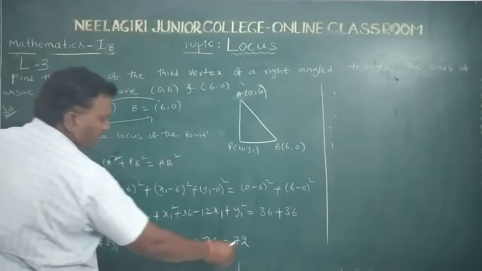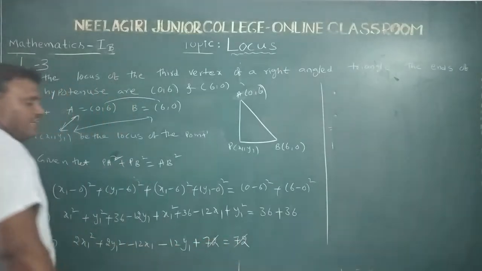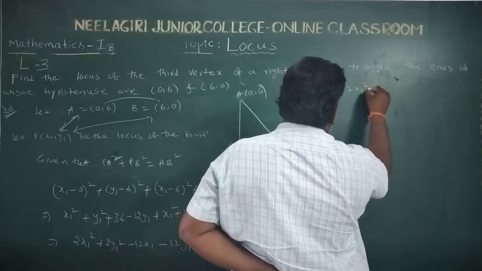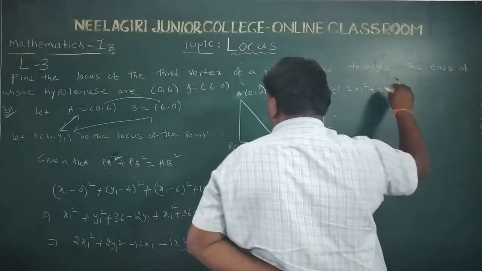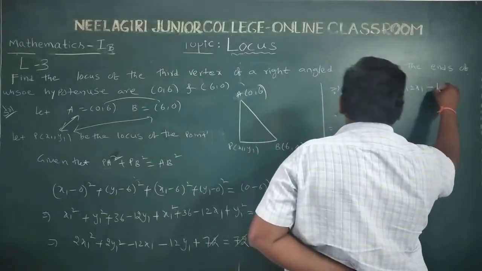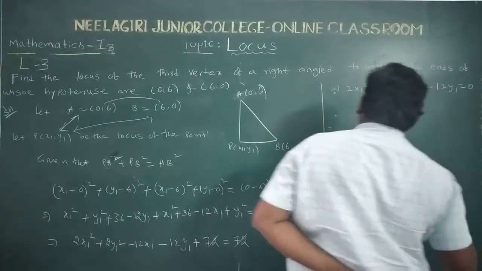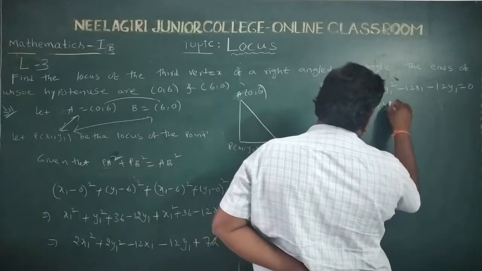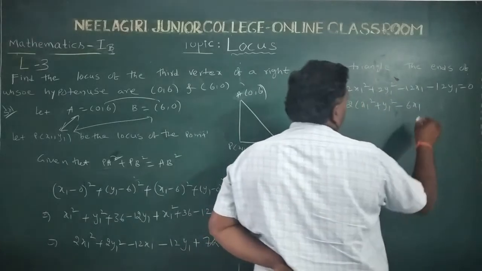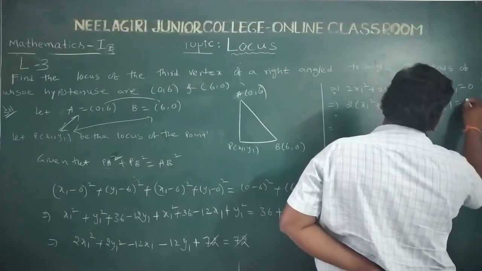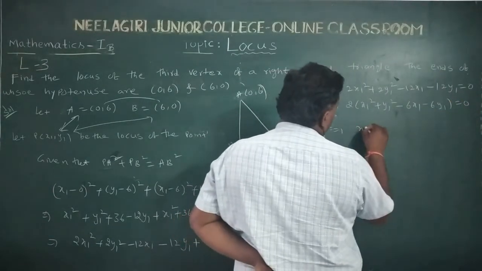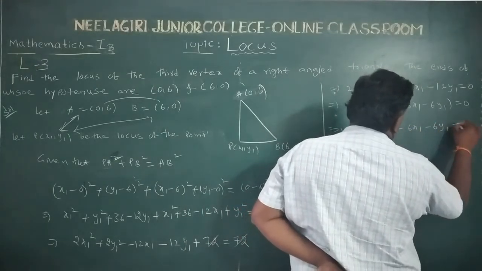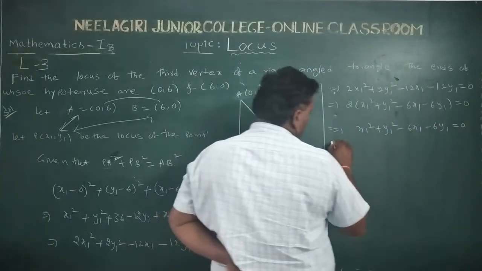The 72 on both sides have the same sign, so they cancel. 2x1 square plus 2y1 square minus 12x1 minus 12y1 is equal to 0. 2 is common, so x1 square plus y1 square minus 6x1 minus 6y1 is equal to 0.